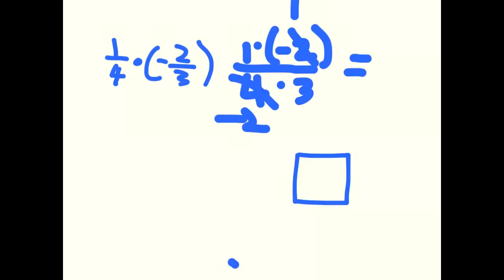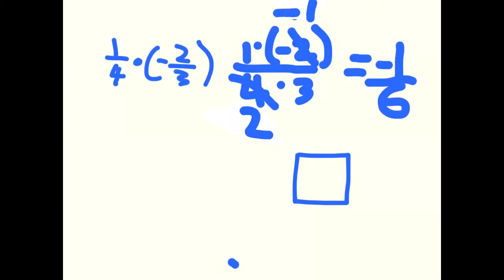No. This is going to be a regular 2, and this is going to be a negative 1. So negative 1 times 1 equals negative 1, and 2 times 3 equals 6. So we have negative 1/6. And that's it.